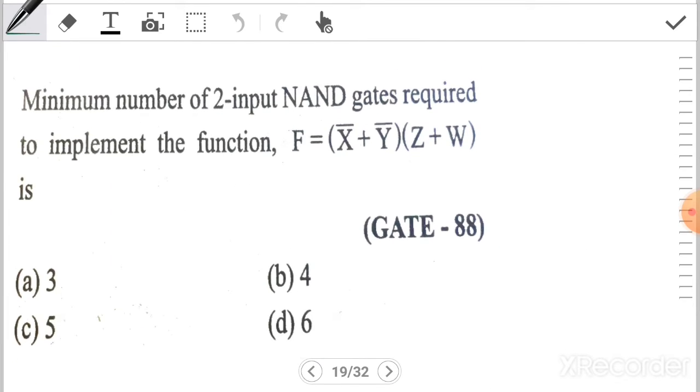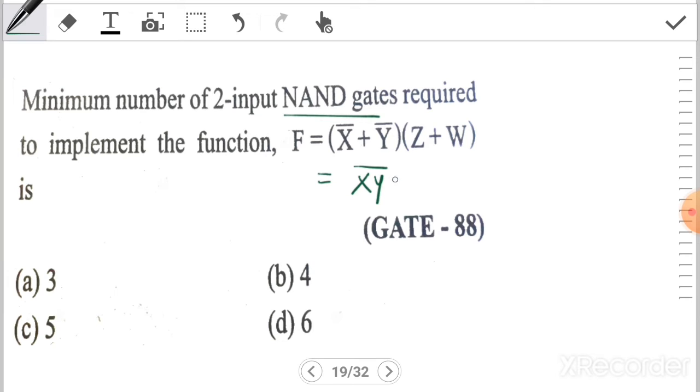Minimum number of 2 input NAND gates required to implement the function f is equal to x complement plus y complement z plus w. Okay, let us minimize this first. For NAND gate we have to keep in mind that we have to simplify this. So one NAND gate here.